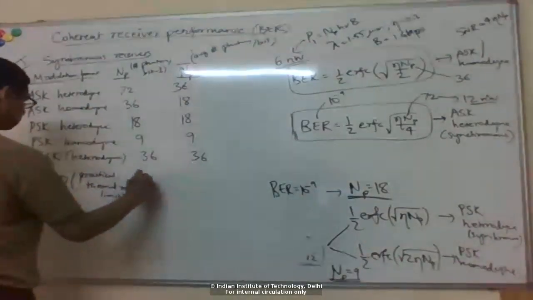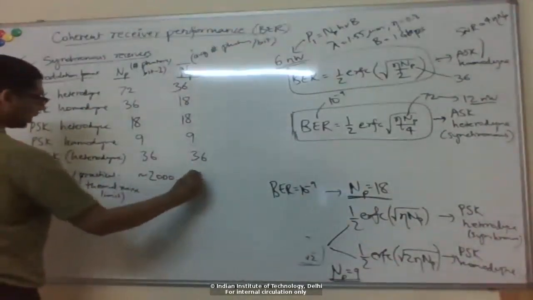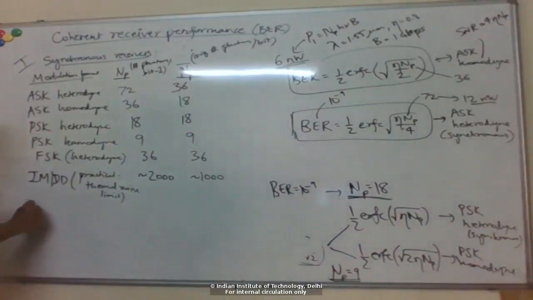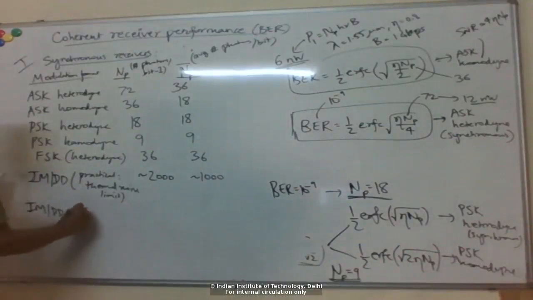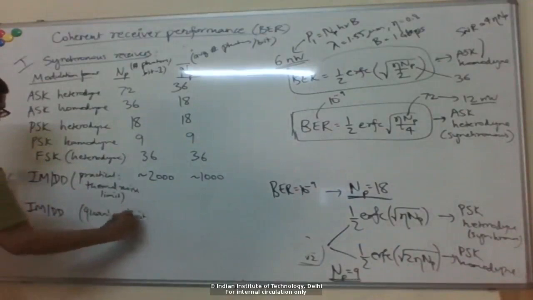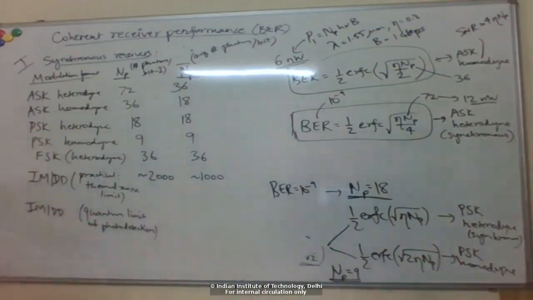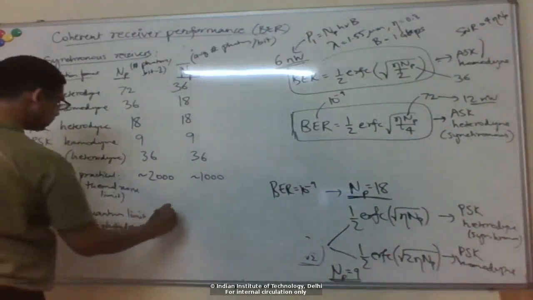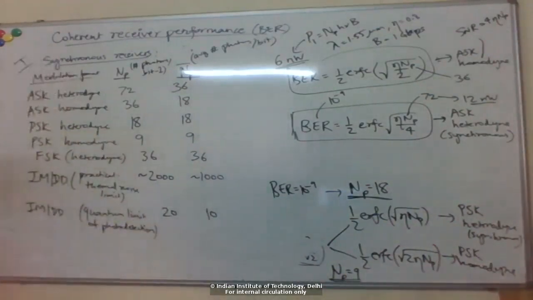Then this is typically around 2000, or an average of 1000 photons per bit. Okay, if we take the best case scenario that is possible for IMDD, so the quantum limit of photodetection, if we had an ideal detector, the best that you can get for IMDD was about 20 here and 10.